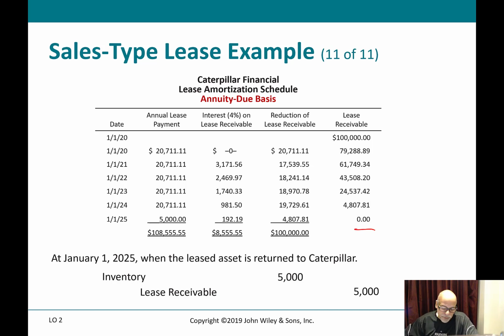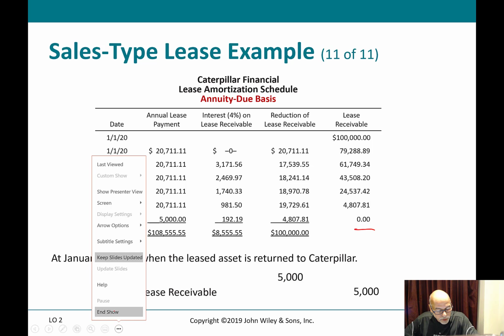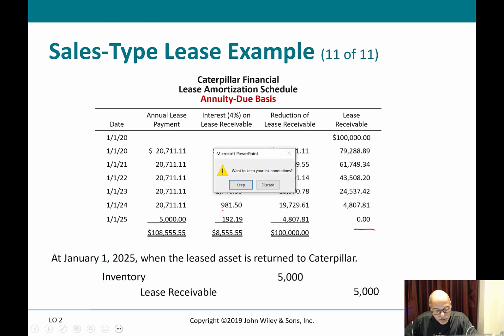So they debit the inventory and credit the lease receivable, because they're essentially getting that equipment back now, 5 years later. Remember, its present value was less than that, but after 5 years it had built up to the $5,000, and we credit the lease receivable for that. Good. That takes care of the lessor for the sales type lease.